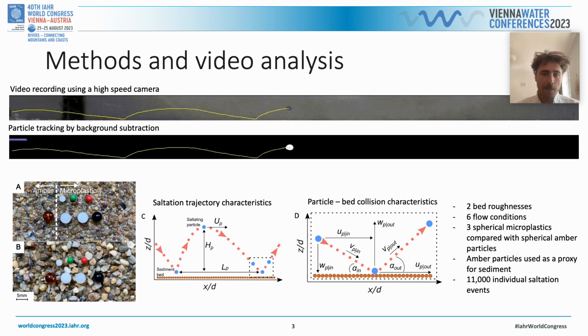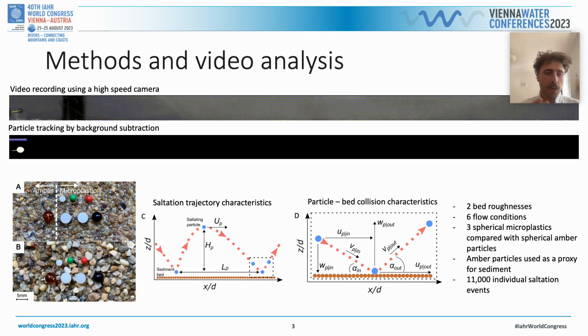We also used amber as a proxy for sediment because of its low density, but also because of its similar mechanical properties to sediments in terms of elasticity. We then video recorded the saltation of both the plastics and the amber to characterize their saltation behavior.